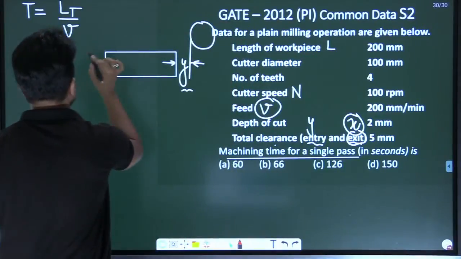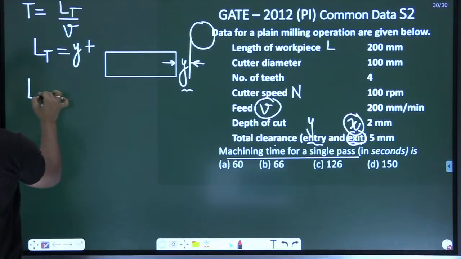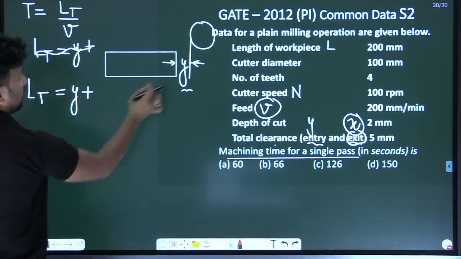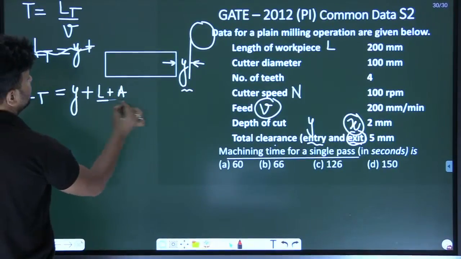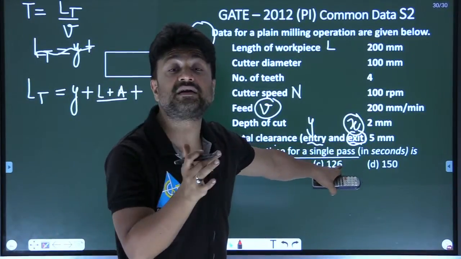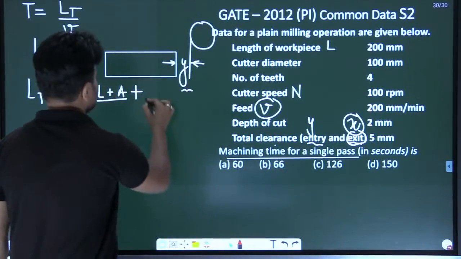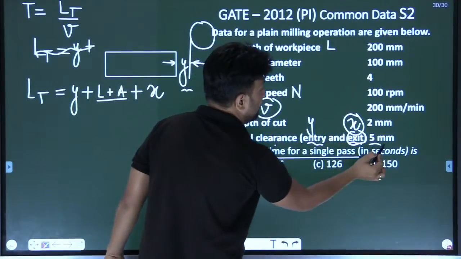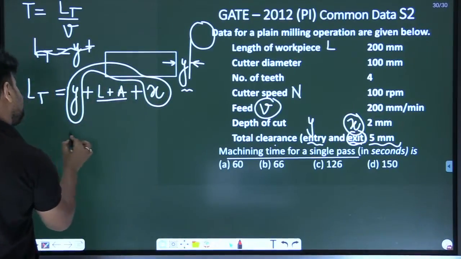So what is the total length? First of all, the milling cutter will reach here, then the compulsory length for machining of the workpiece, L plus A. At the exit he mentions the over travel distance, X. But entry and exit total is 5, so X plus Y is 5.